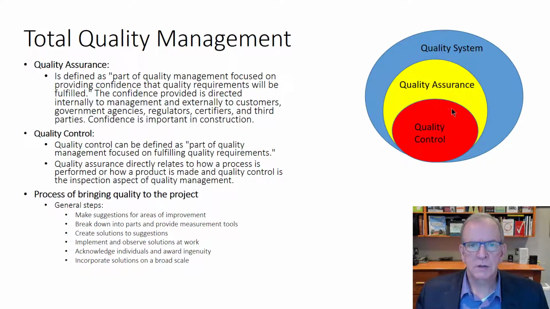So this, I think, is a pretty good explanation. I've seen this shown a number of times on the web. I think this is a pretty good illustration of understanding the difference between quality assurance and quality control. So quality assurance is really the program and systems that you're putting in place that are building confidence that you will be able to satisfy your internal needs to meet quality expectations and your external needs.